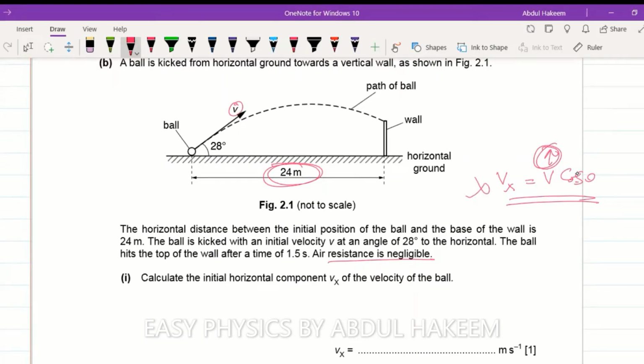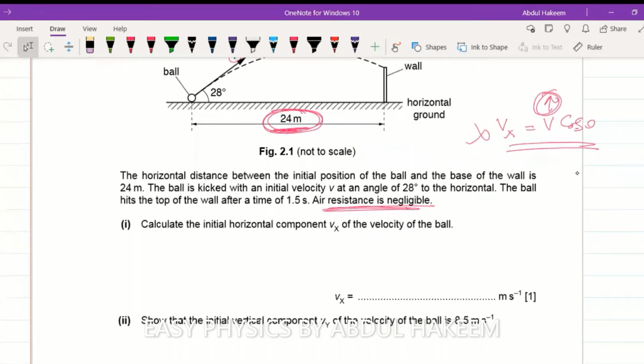Now look, horizontal distance is given, and the horizontal distance is covered due to the horizontal component of the velocity, number one. And number two, due to negligible air resistance, there is no horizontal force acting on the object. So when there is no horizontal force, there is no horizontal acceleration, which means the horizontal velocity Vx is constant.